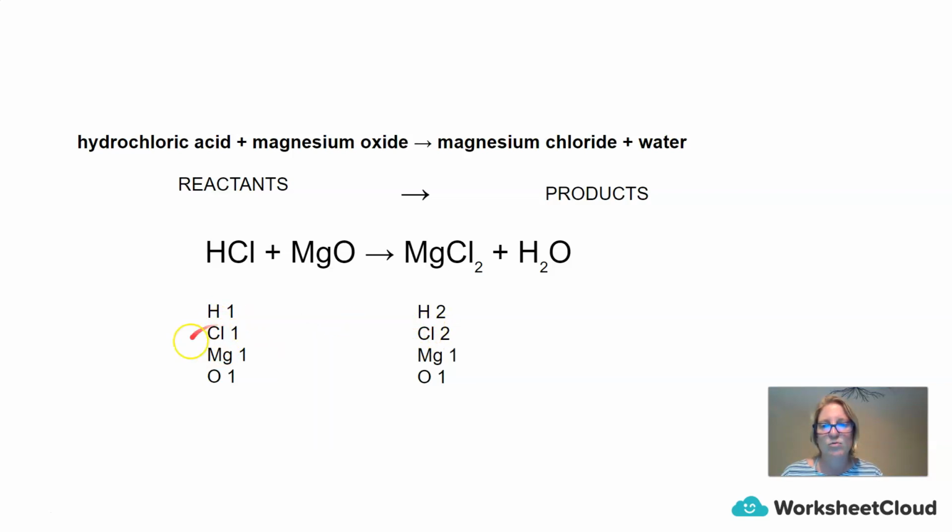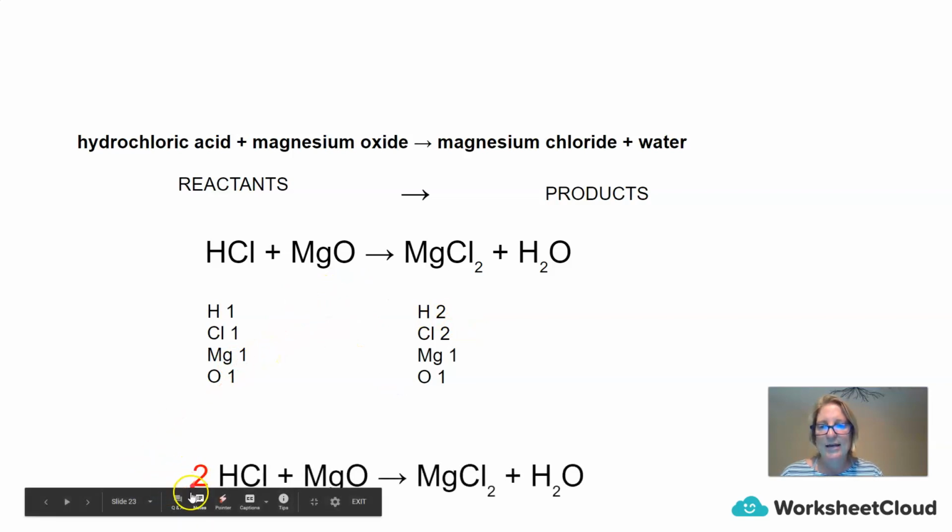So in the reactants we have 1 chlorine atom, and in the products we have 2 chlorine atoms. So in order to balance the equation out, we need to add 2 more molecules of hydrochloric acid.